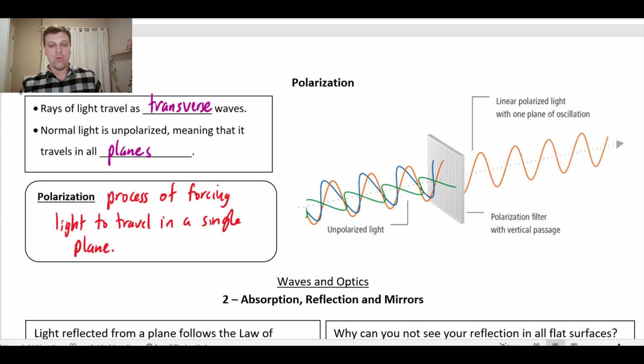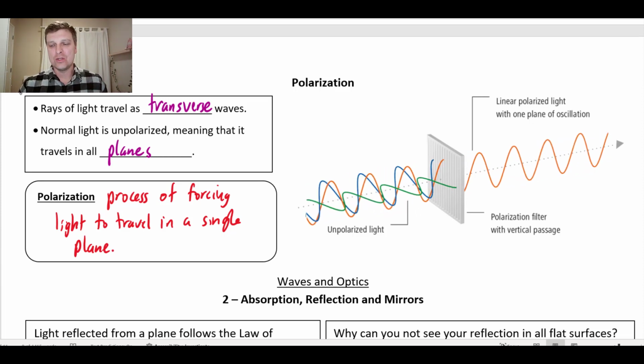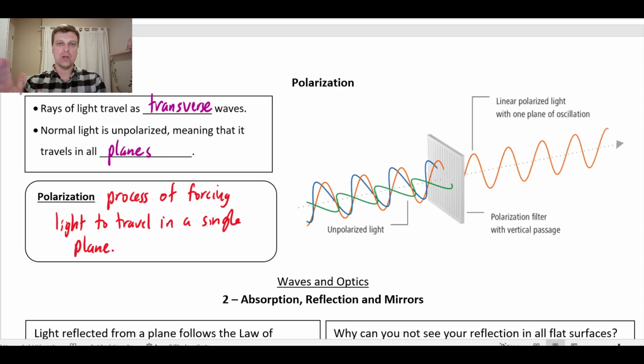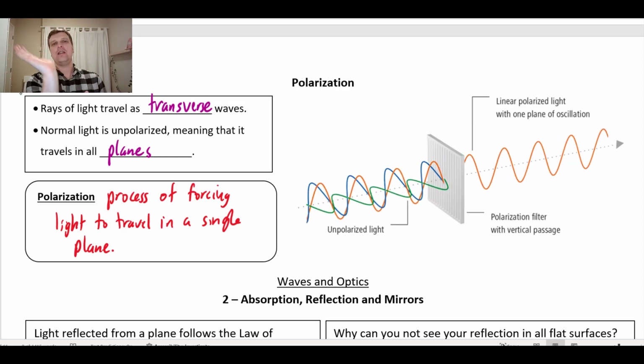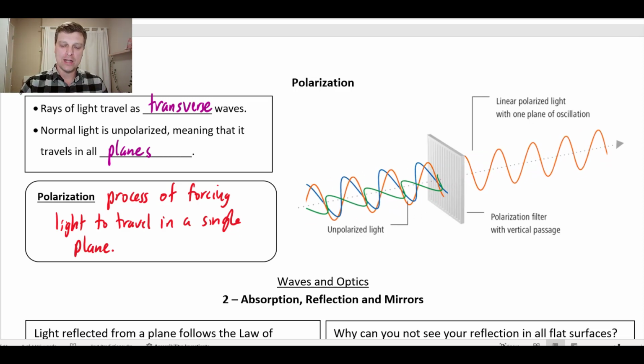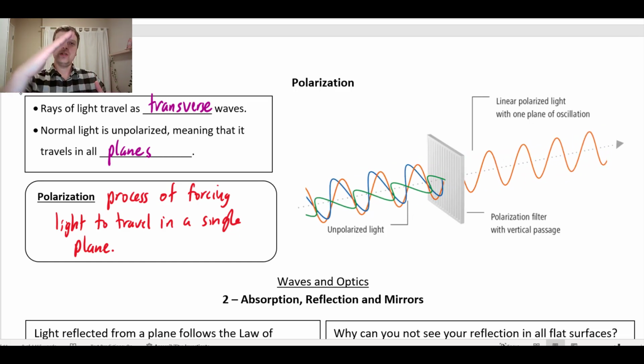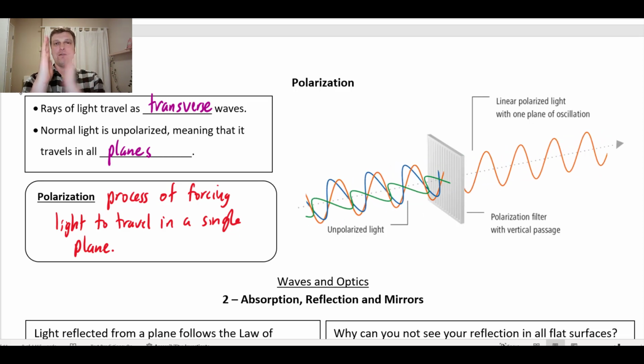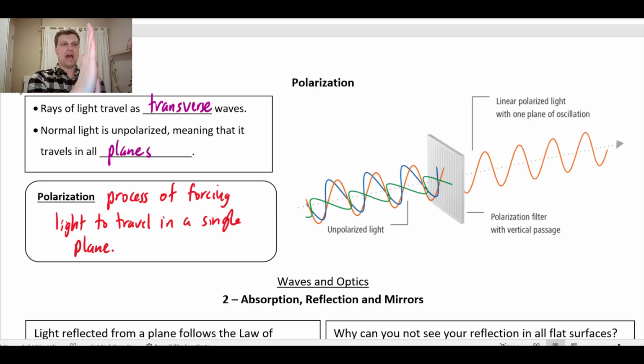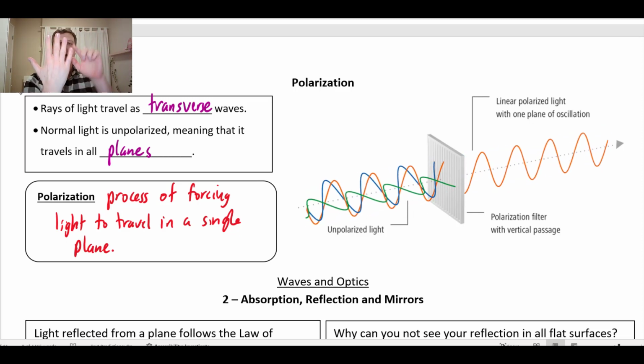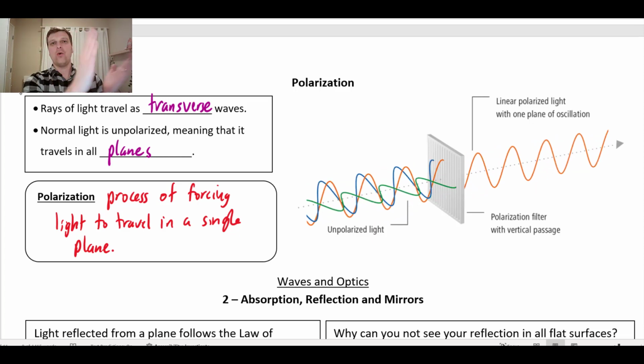Now, what do we mean by that? Well, the analogy we often use is thinking about some fence posts. So if light is traveling in all these different planes, you can see this polarizer that I set up in the middle of the graphic, that all those different planes come along, and there's basically a fence post. And the fence posts have gaps in them in very regular locations, all say horizontal.